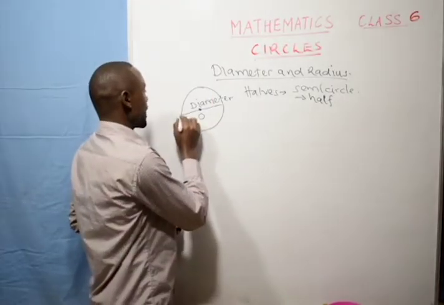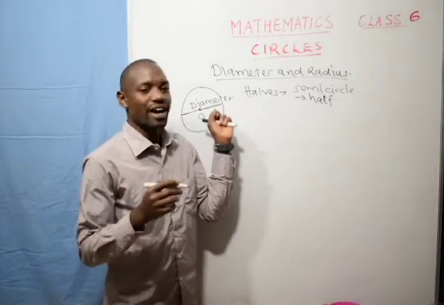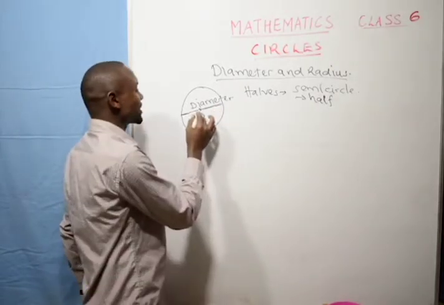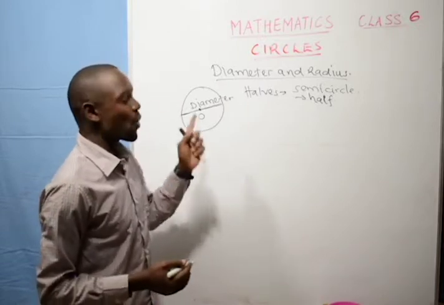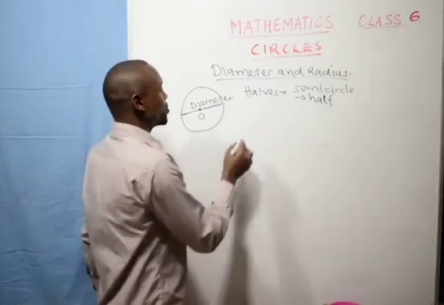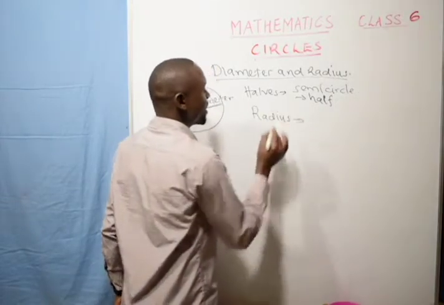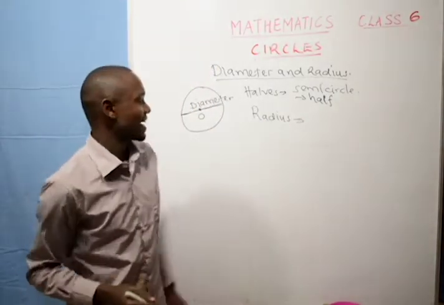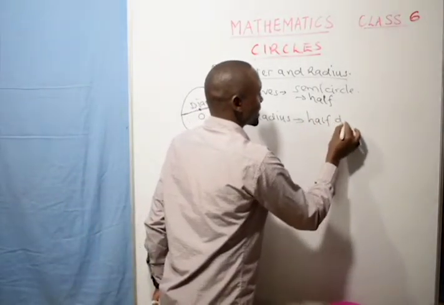Now, a semicircle is formed by the diameter. A diameter passes through the center of the circle to the other side. When we divide the diameter into two, we get something we call the radius. What is a radius? A radius is half of the diameter.